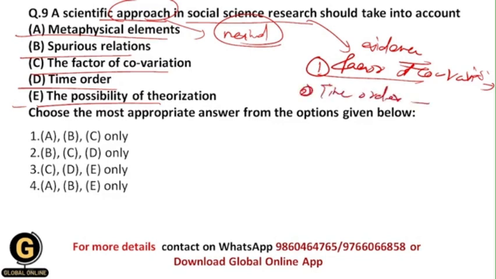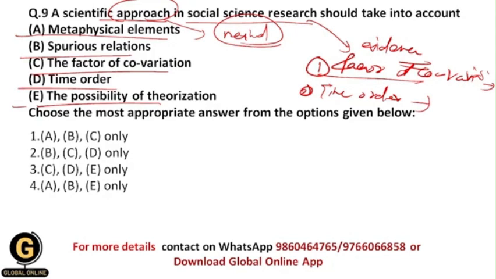Time order means there are two kinds of variables, independent variable and dependent variable. The independent variable is the cause variable which causes the effects, and the dependent variable is nothing but the effects caused by the cause variable. So basically students, the independent variable should come first, before the dependent variable, because the independent variable is the cause and the dependent variable is the effect. All of you getting?